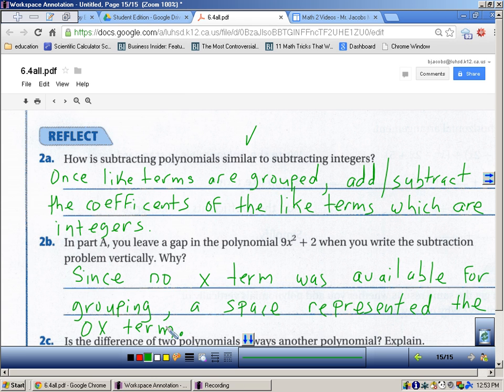Because again, 0x plus another x term like 5x would give you still 5x, right? And so we add a space there to signify that there is no term there, otherwise known as the 0x term.